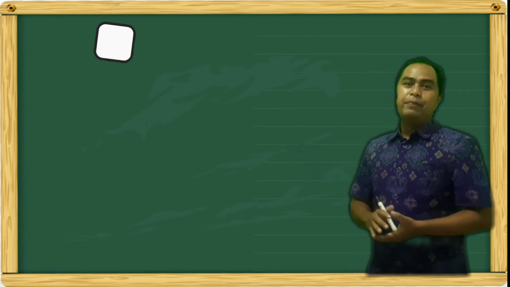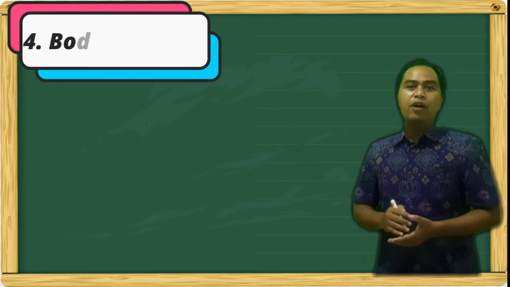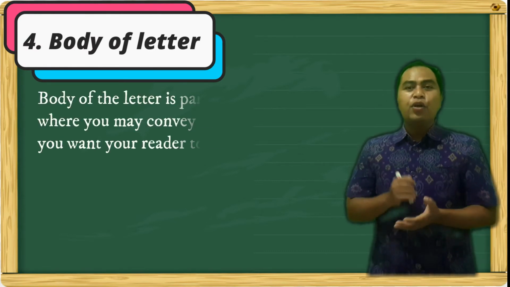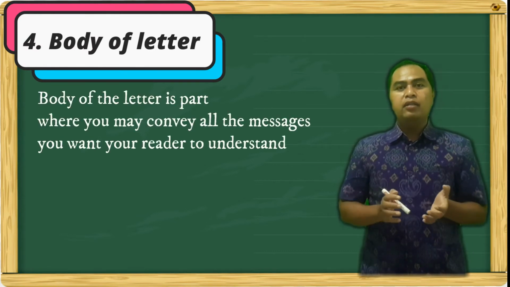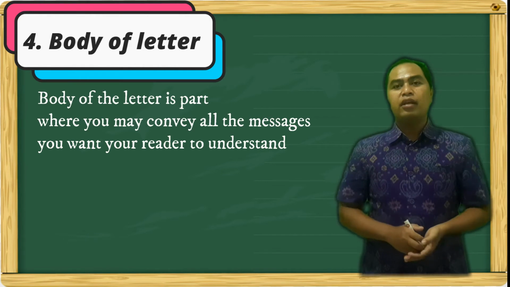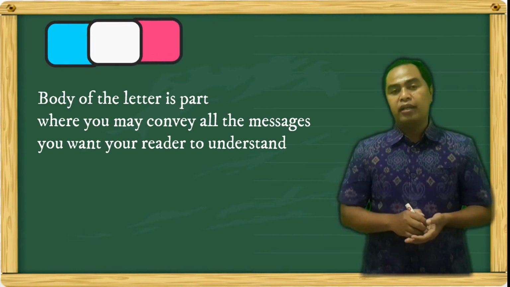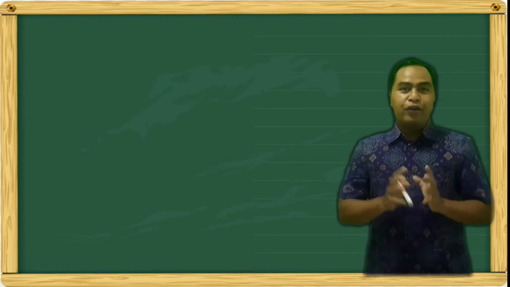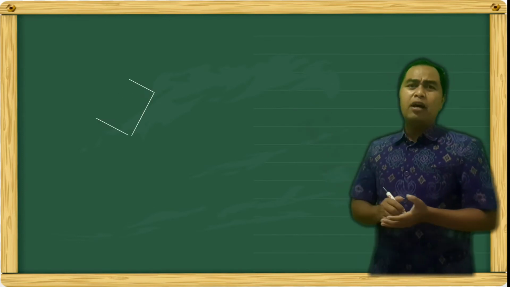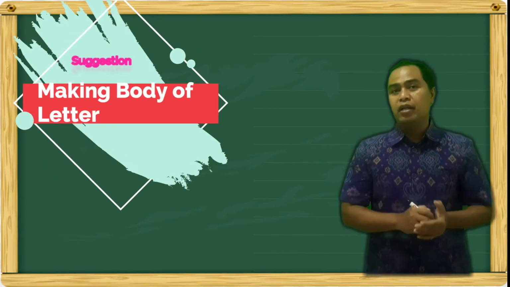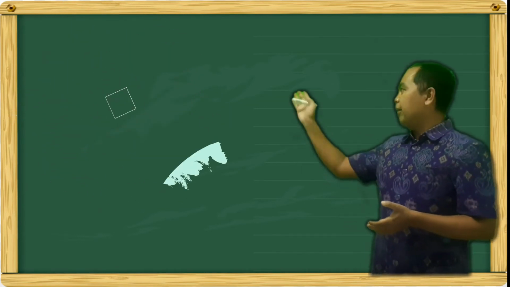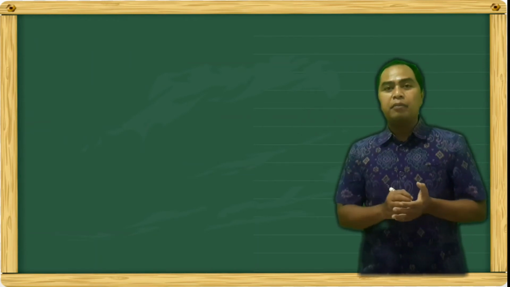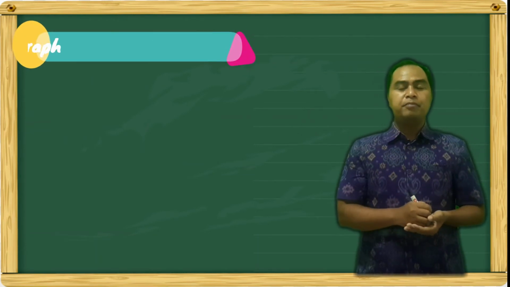Now we go to the body of the letter. The body of the letter is the part where you convey all the messages that you want the reader to understand. Now I will give you some suggestions on how to make the body of the letter. We start with the first paragraph.